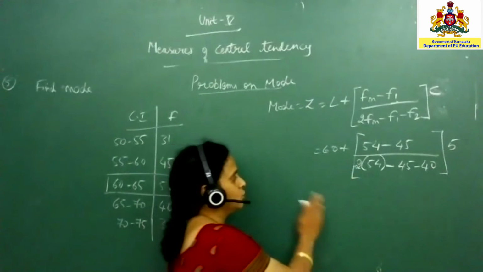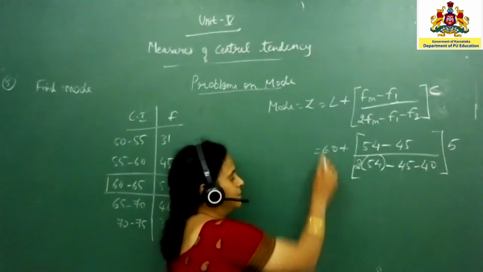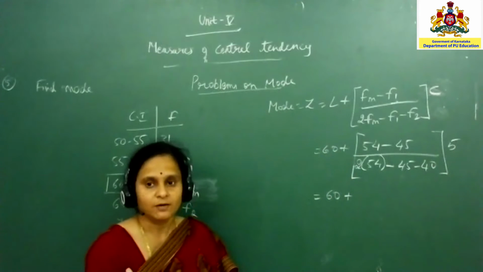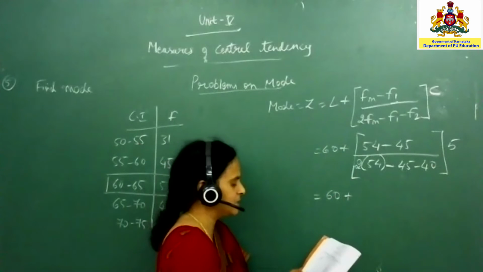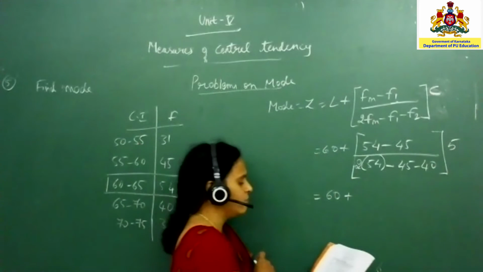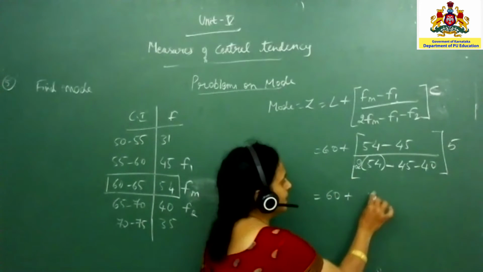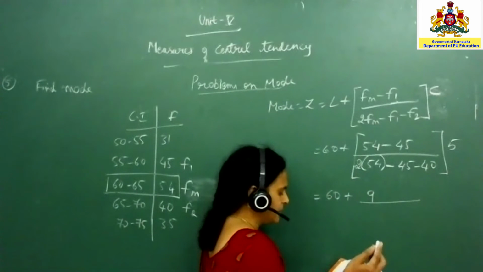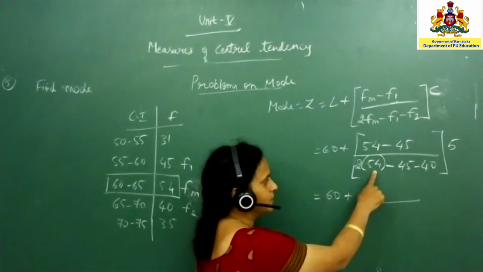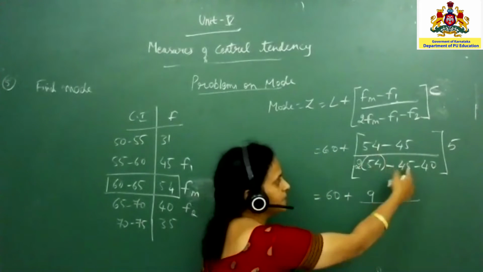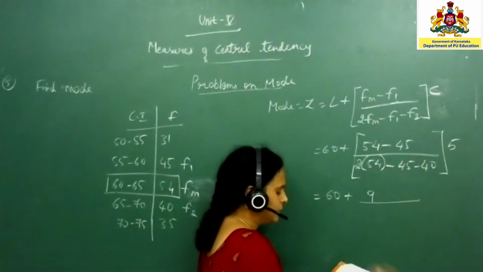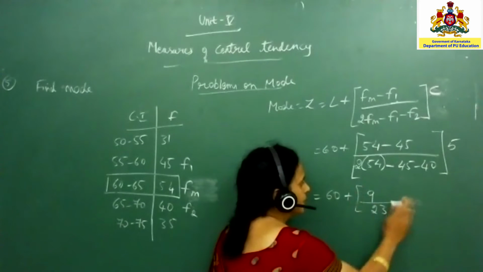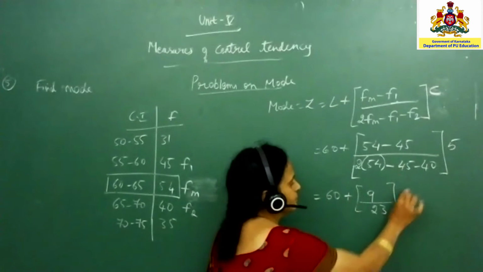Substitution is over. Next we have to simplify. I'll keep this 60 as it is until the last but one step, just to avoid confusion. 54 minus 45 is 9, divided by 2 into 54 minus 45 minus 40, and that final answer is 23. Into C, which is 5.